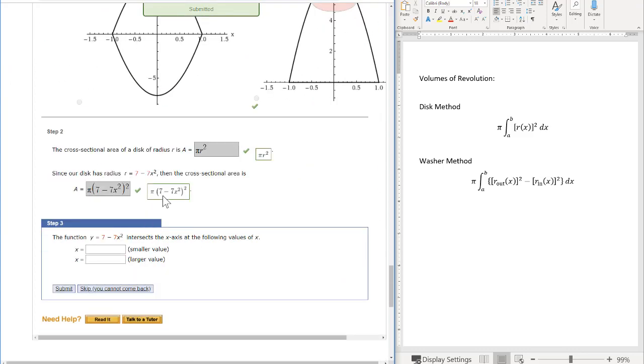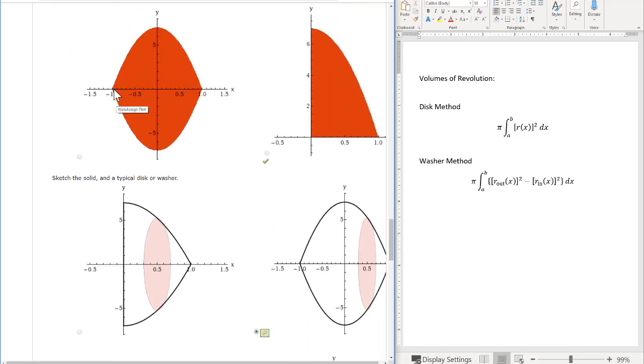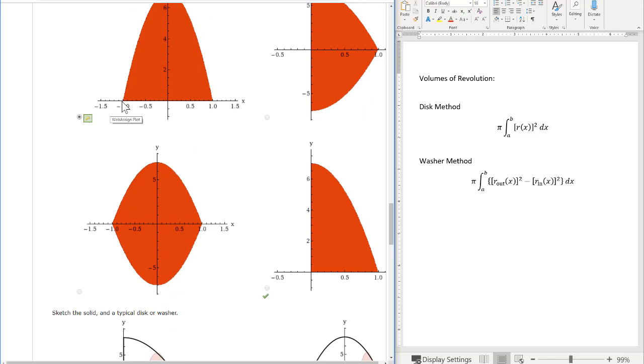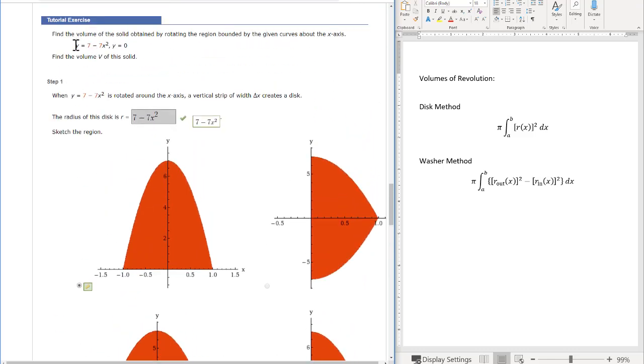So now we have the idea for the integrand. We want to look at the intersection of the graph; the two-dimensional case would probably be easier. But really what you want to do is set these two functions equal to each other. So when y is equal to 0, you have 7 equals 7x squared.